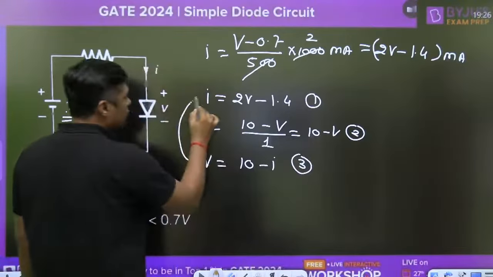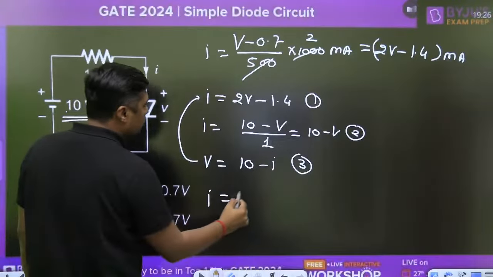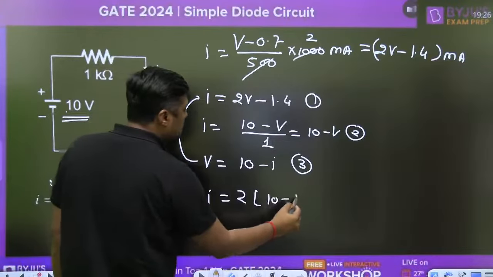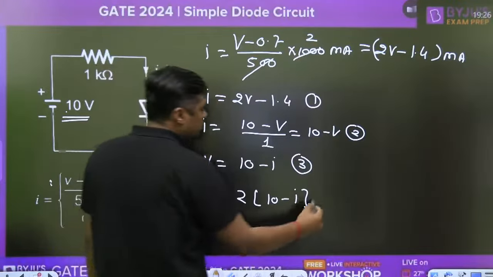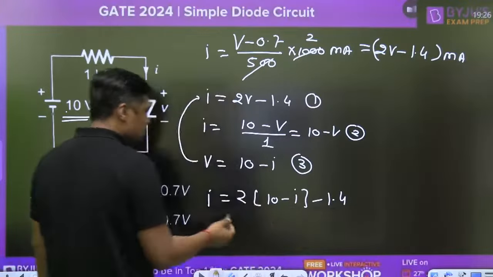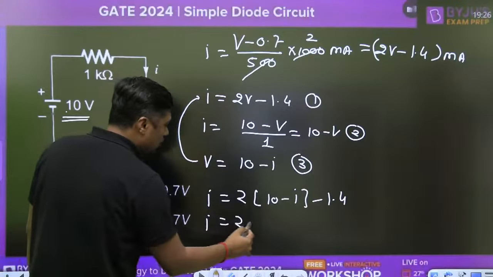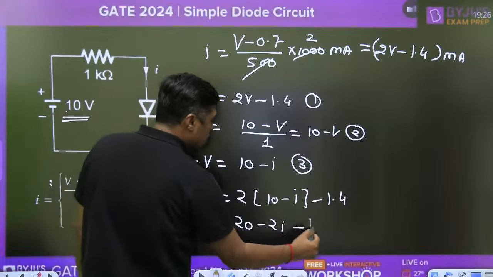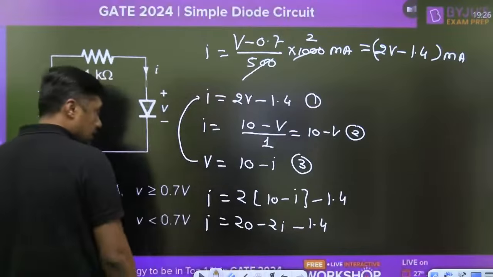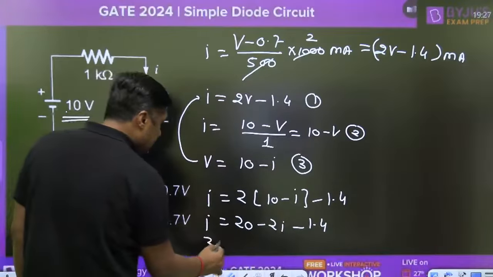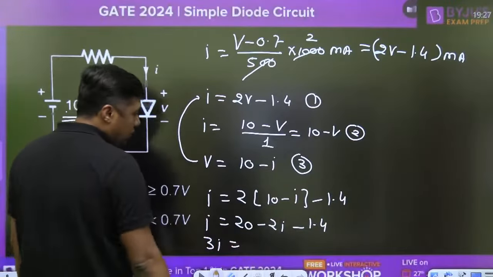Put this equation in the first one. So I is equal to 2 times (10 minus I) minus 1.4. And what is this? I is equal to 20 minus 2I minus 1.4. Then it will become 3I is equal to 20 minus 1.4.